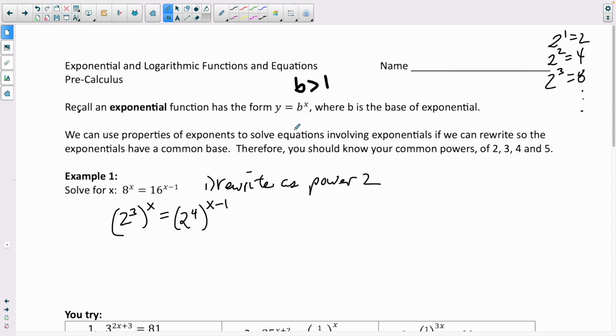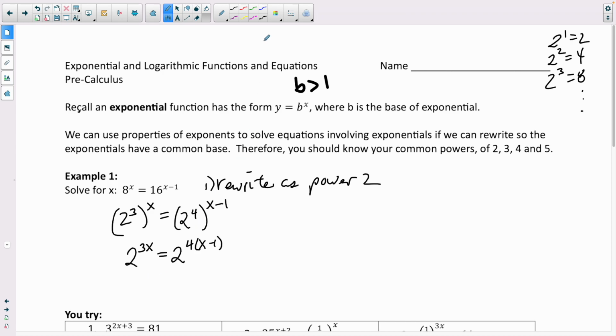Now, our exponent rules tell us that if I have a power to a power, right, I have 2 to the third to the x, I can rewrite that using multiplication of my exponents. So 2 to the 3x is equal to 2 to the 4 times x minus 1. Again, I'm multiplying my exponents here.